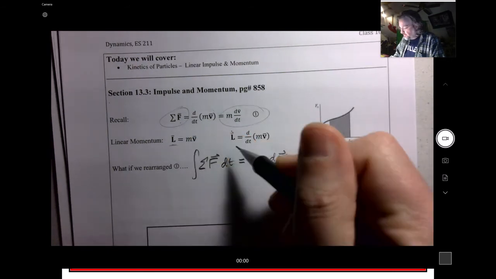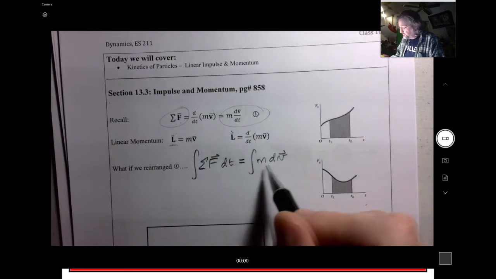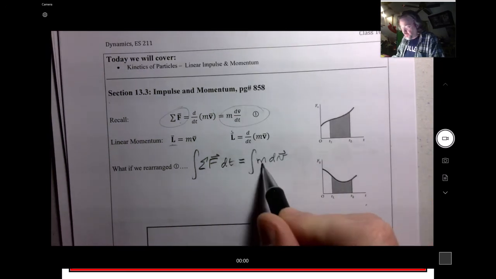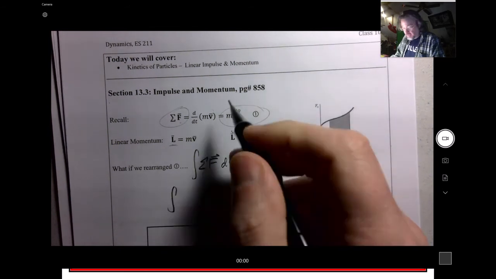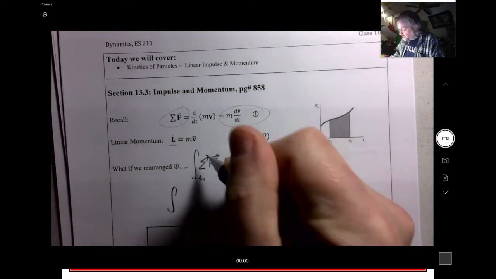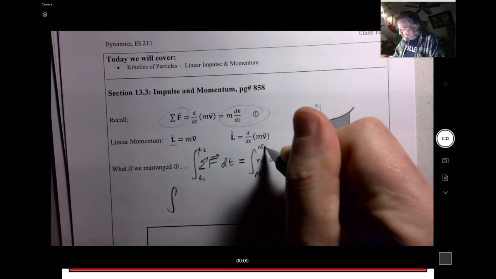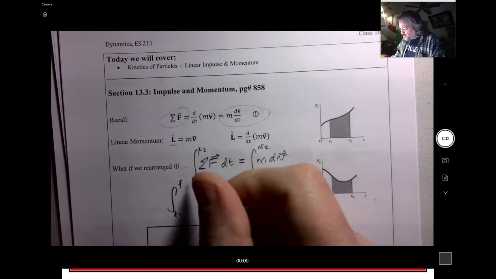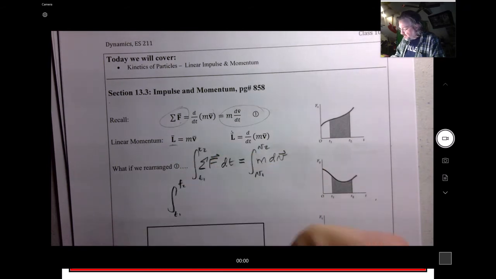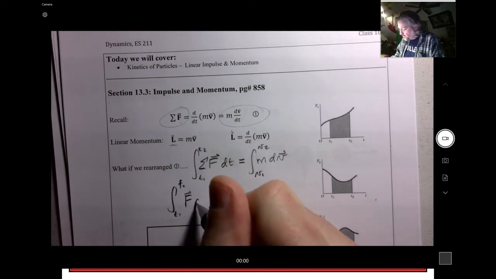So we could stick some integrals onto the front of this, and mass being constant, we could rearrange it. This is going to go from time 1 to time 2 and velocity 1 to velocity 2. And without solving what this is, we just keep that as a thing.